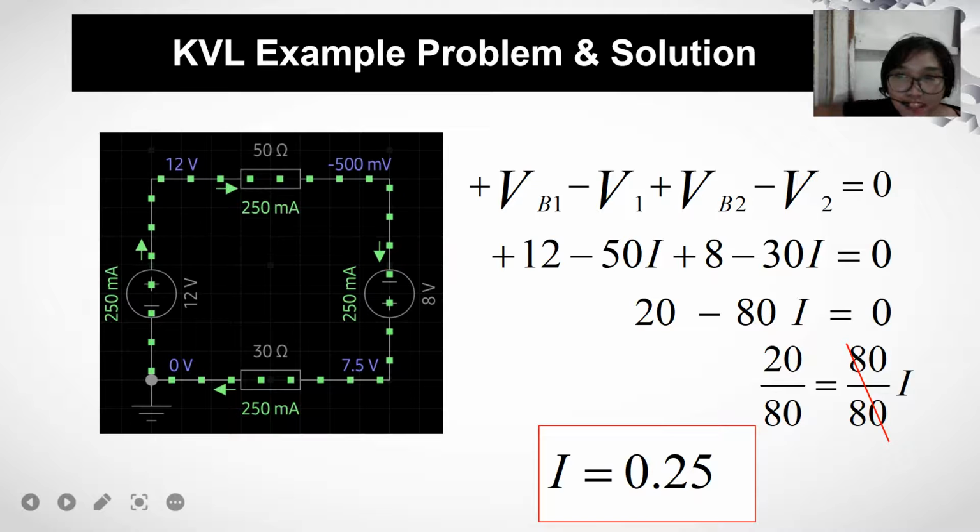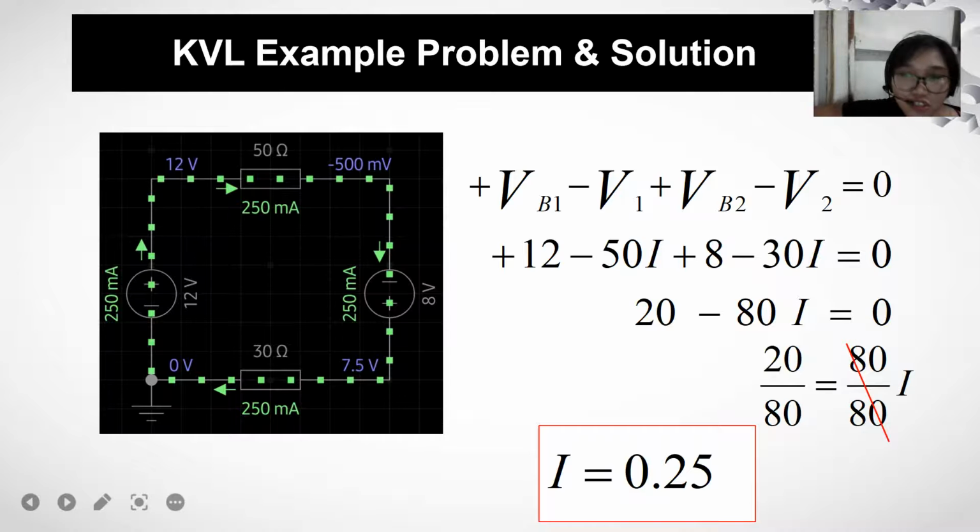Still, the same variables you have to add. It depends on the sign. If both signs are the same, you have to add. That's how it works in this equation. So I add 12 plus 8 is equal to 20, and I add the current side, which is equal to 80.